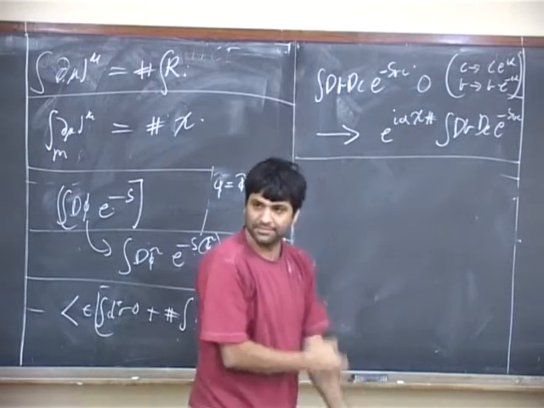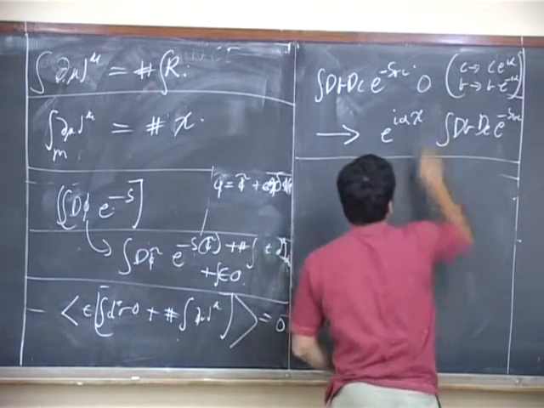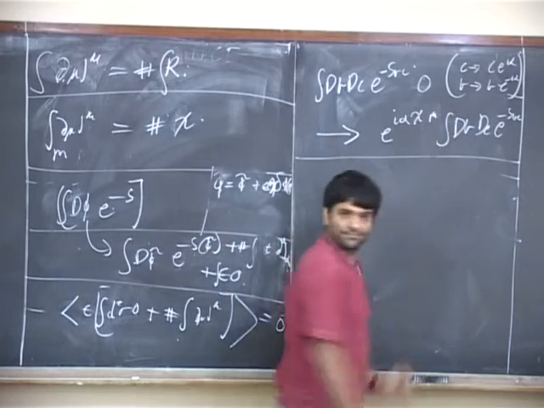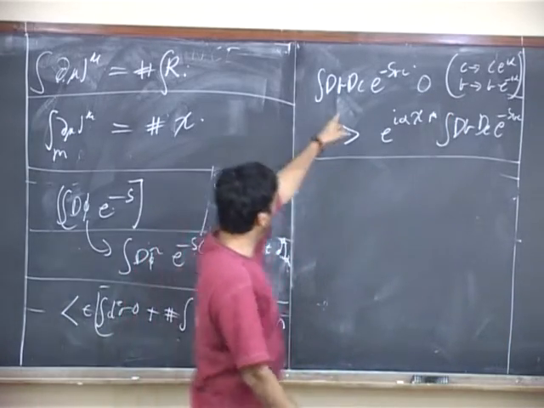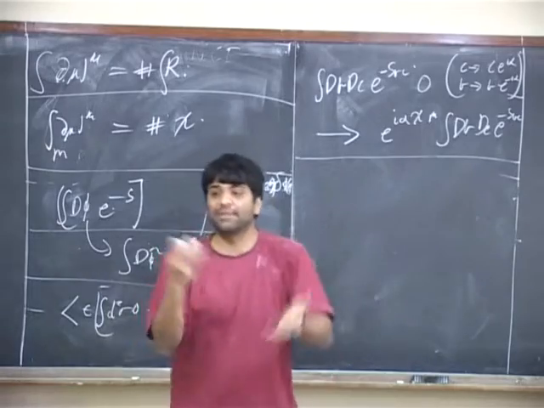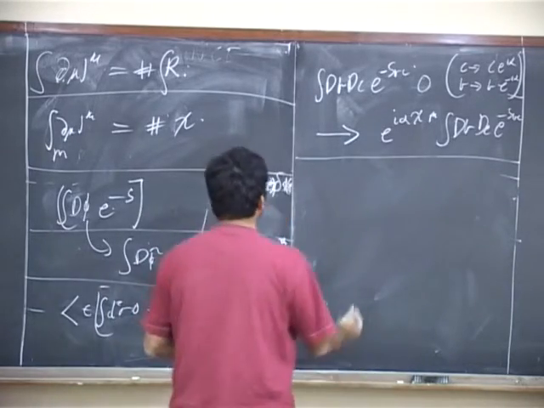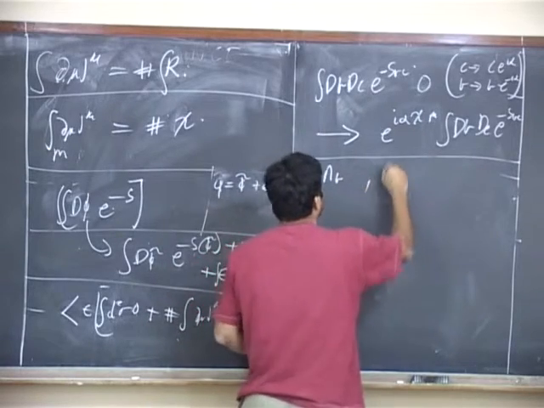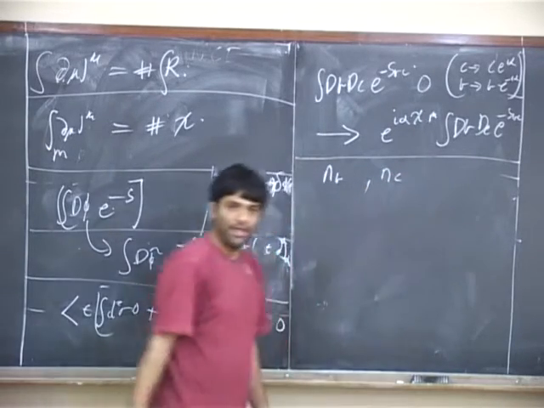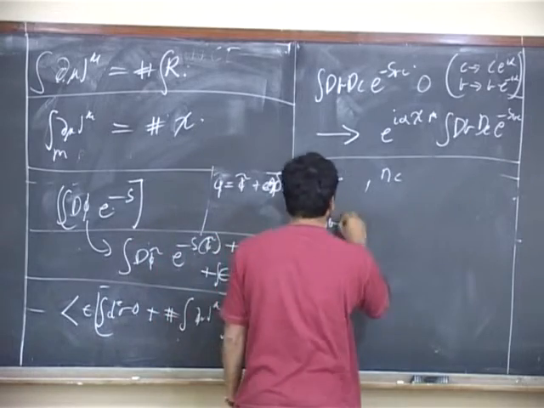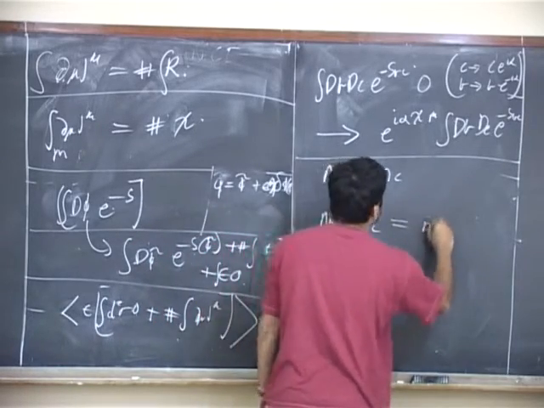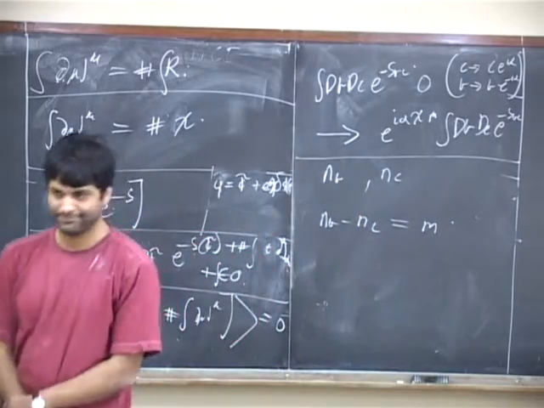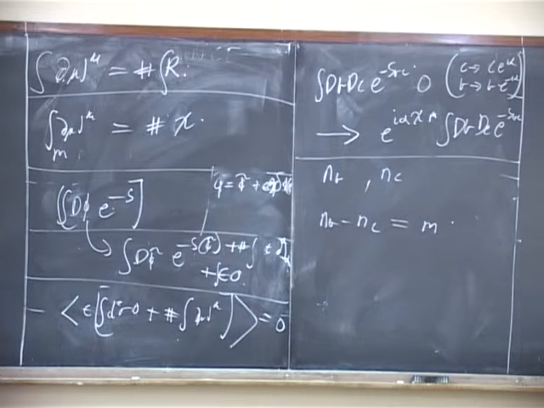Suppose we get some number here, M. The only path integrals of the BC system that are non-zero are those where, calling the number of B insertions NB and the number of C insertions NC, NB minus NC is equal to M. Only then will the path integral be non-zero.